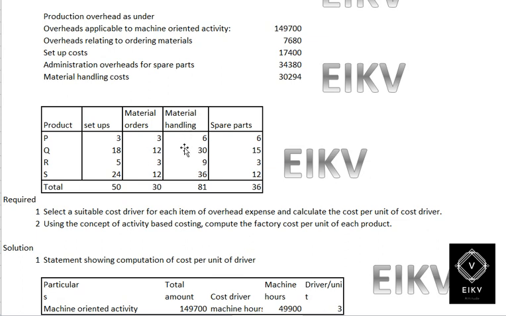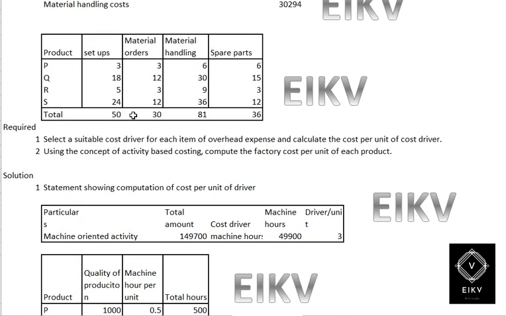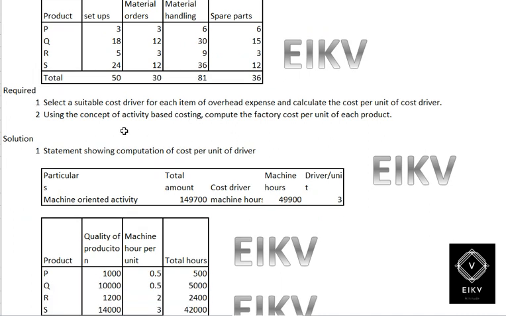Then material order 3, 12, 3 and 12. Material handling 6, 30, 9, 36. Spare parts 6, 15, 3 and 12. It is better to take the total, therefore the total will be 50, 30, 81 and 36.